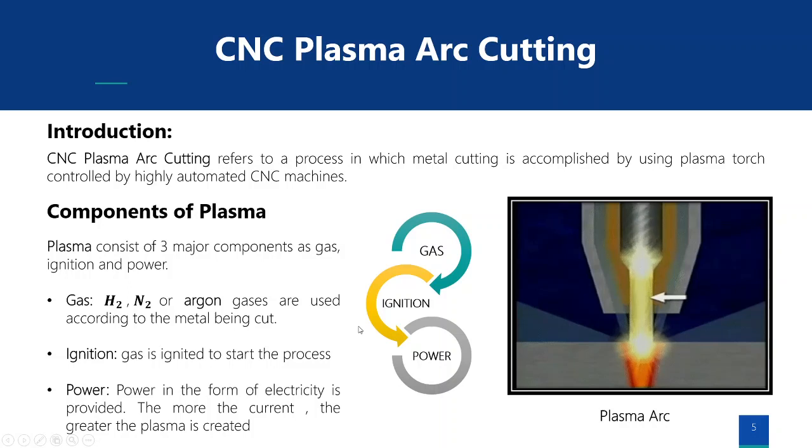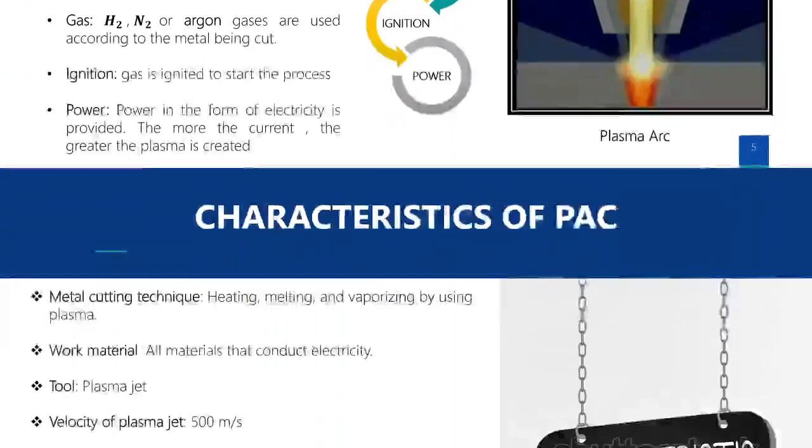Hydrogen, nitrogen, argon, or other gases can be used according to the metal being cut. As far as ignition is concerned, the gas is initially ignited to start the process. Power in the form of electricity is provided. The more power we provide, the stronger the plasma generated.